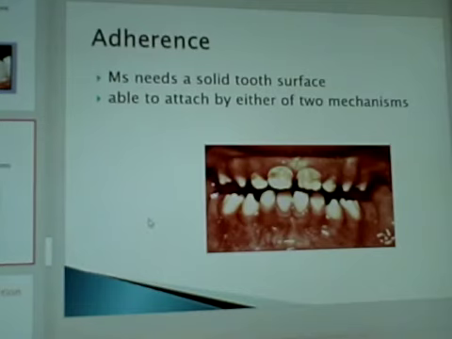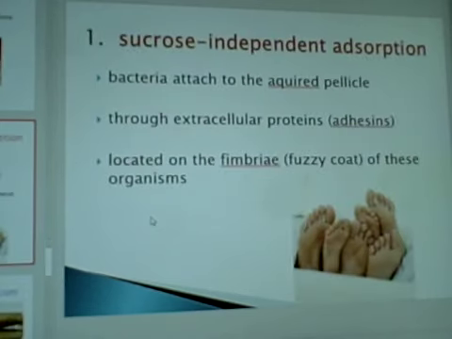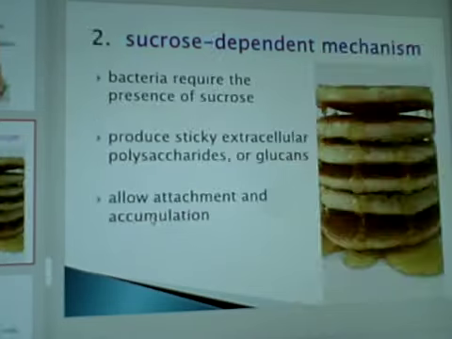Strep mutans need a solid tooth surface, and they need to be able to attach by the acquired pellicle or through extracellular proteins, through adhesins. So on the fimbriae of these organisms, they have those extracellular proteins to be able to attach to the acquired pellicle. And then there has to be the presence of sucrose.